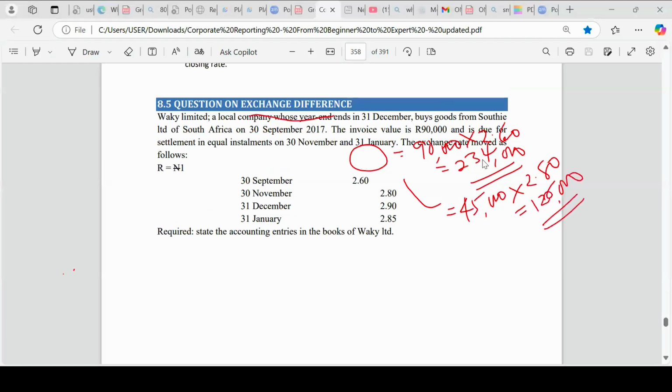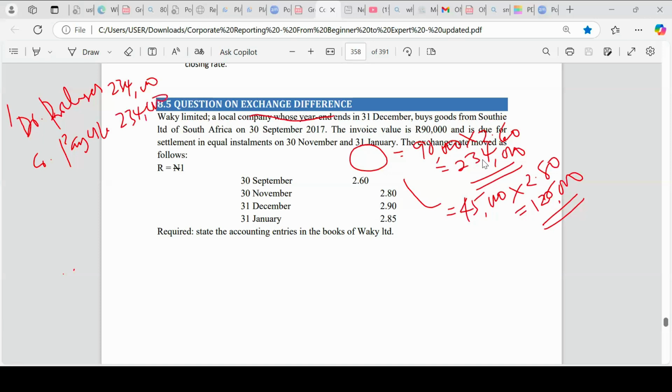Now, as of the date of the transaction, they would have recorded debit inventory or purchases at 234,000, and then credit payables at 234,000 as well.